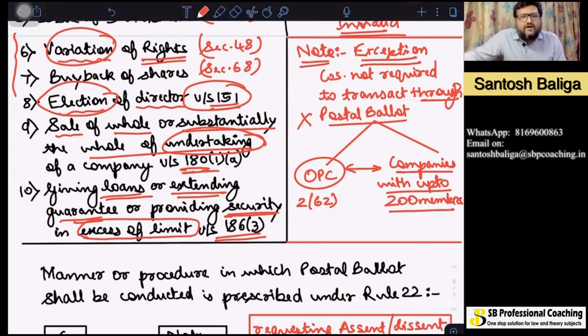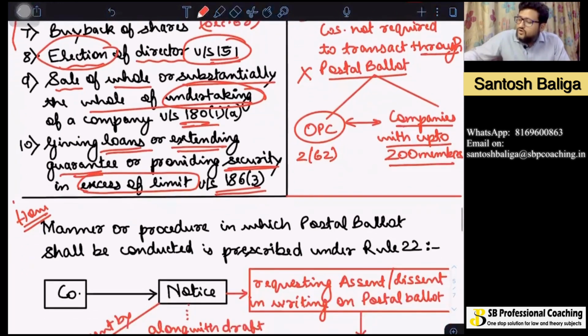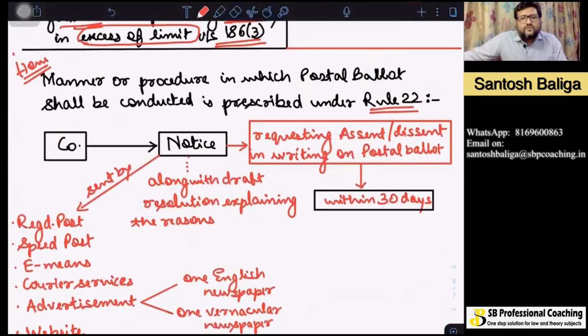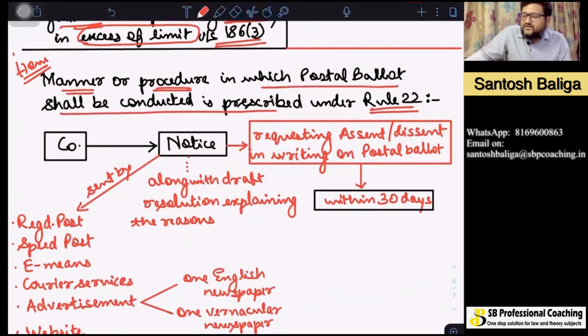So far we have covered why is postal ballot required. Second, we have covered when is postal ballot. Now the next question is how do we conduct voting through postal ballot, which is covered under Rule 22, which is the manner or procedure in which postal ballot shall be conducted.